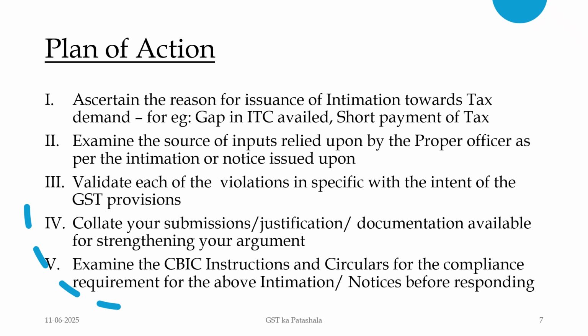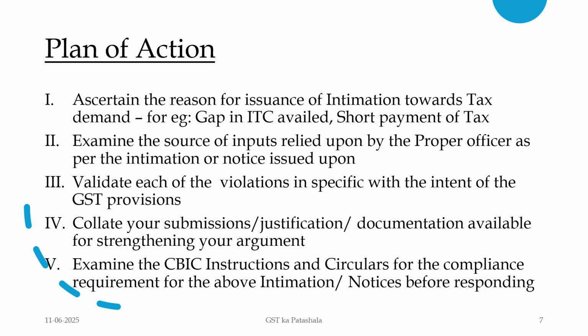To give an example, in 2023, there was one instruction issued by CBIC in relation to the notices issued under Section 61. We have a form called ASMT 10. Whenever a proper officer issues this ASMT 10, the CBIC instruction is very clear that it should be made available on the common portal. The reply to be made by the taxpayer in ASMT 11 will also be online.